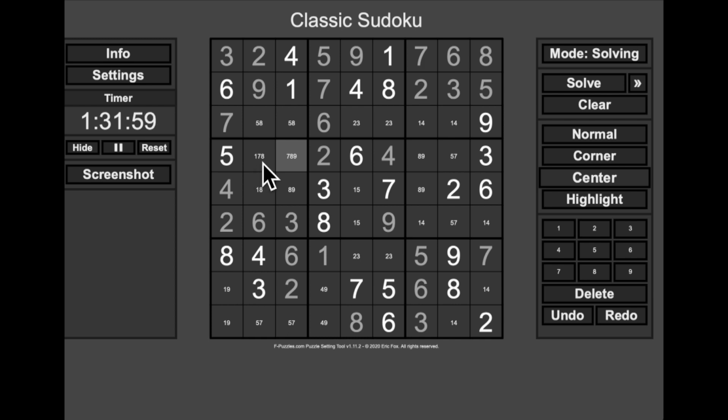Don't know enough. Let's see. 3 has 1, 2, 3, 4, 6. So it means 5, 7, 8, or 9. This can't be 8.